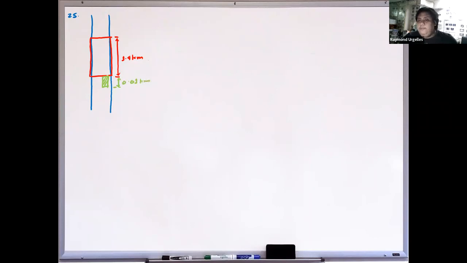Ito yung right before pumasok yung bus sa bridge. Then after makalabas ng bus dun sa bridge natin, nandito yung position natin. So again, this should be 0.01 kilometers as well. Para malaman natin yung total distance traveled by the bus, kailangan natin mag-consider ng parehong point dun sa bus natin.